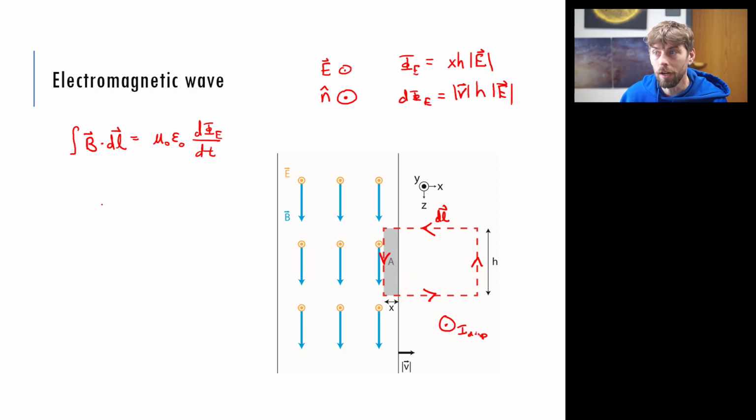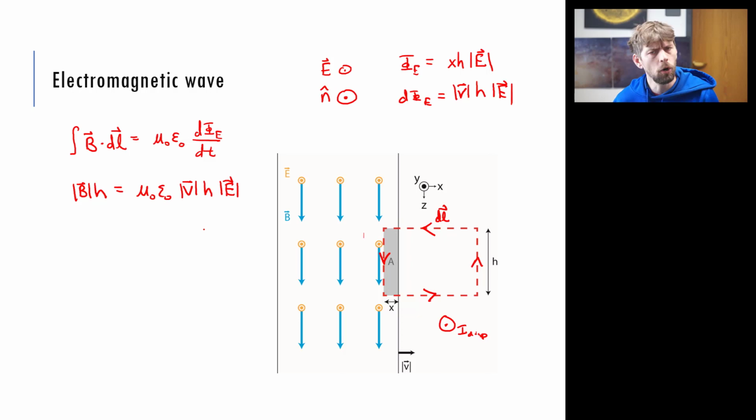Okay, well, again, we go through the song and dance. This is the only part of the loop that experiences that magnetic field. And so we can think of writing this: B times H is equal to mu naught epsilon naught V times H times the magnitude of E. Oh, goody, goody.